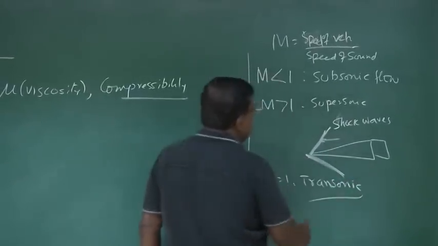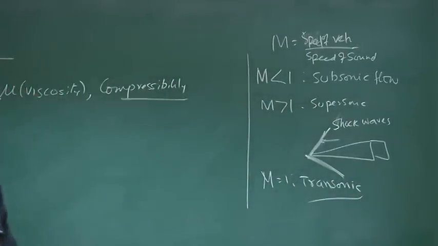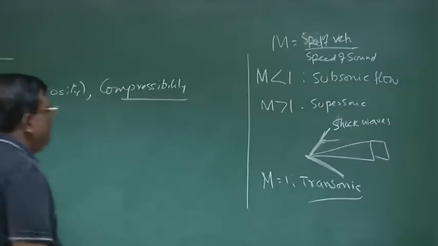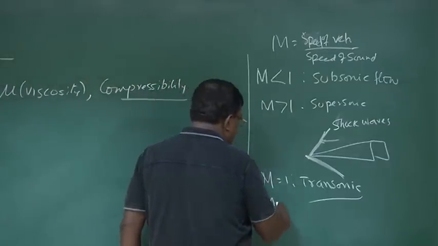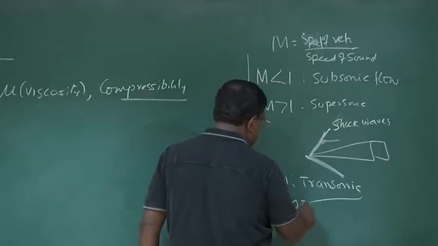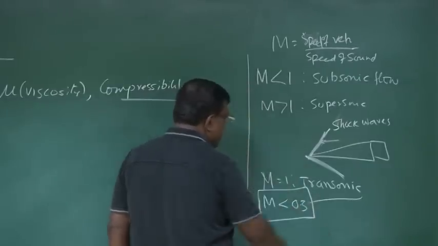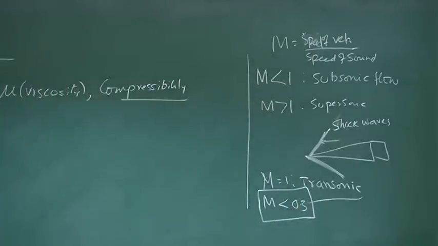And we are talking about incompressible flow when the Mach number is typically less than 0.3. Most of our lecture is governed by this condition, so keep that at the back of your mind.